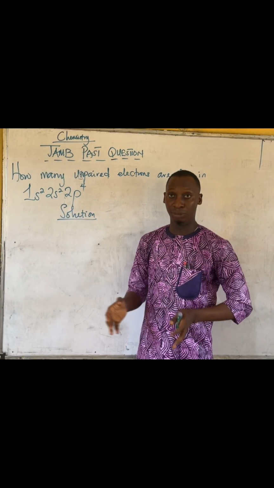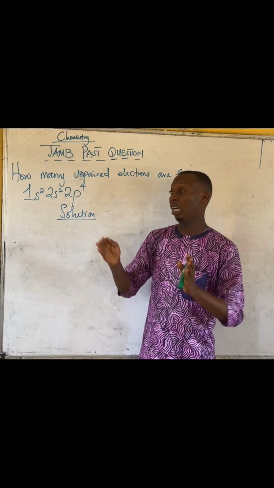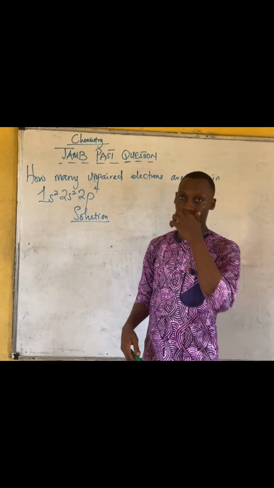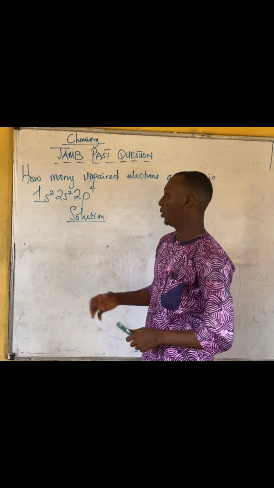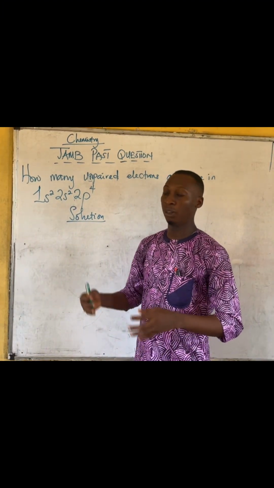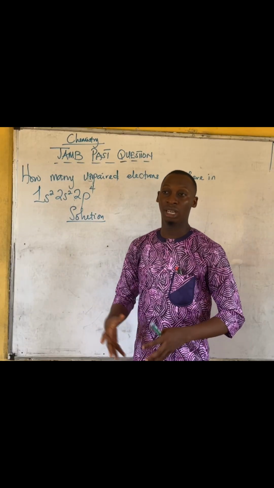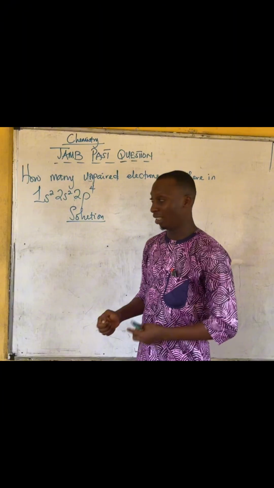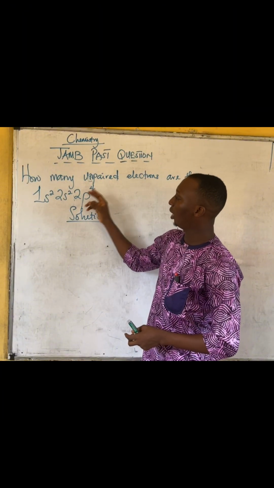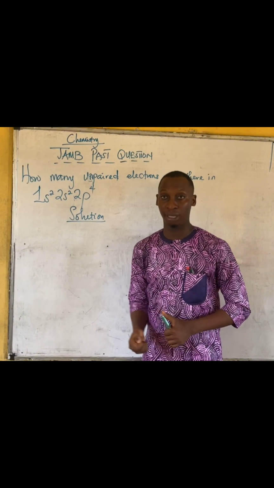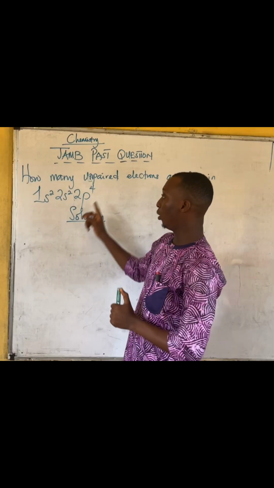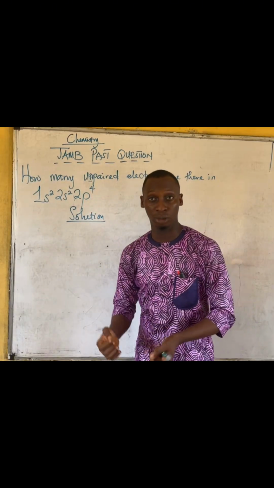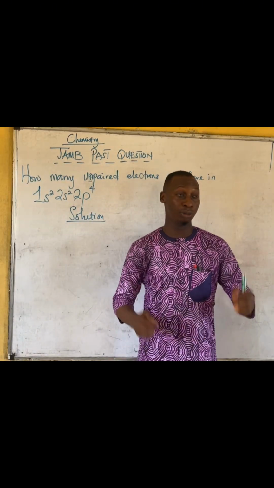I have made a video on how to write electronic configuration, where I implemented Aufbau's principle, Pauli's exclusion, and Hund's rule. What you need here is how you can estimate the number of unpaired electrons, and that can be gotten from the concept of Hund's rule.